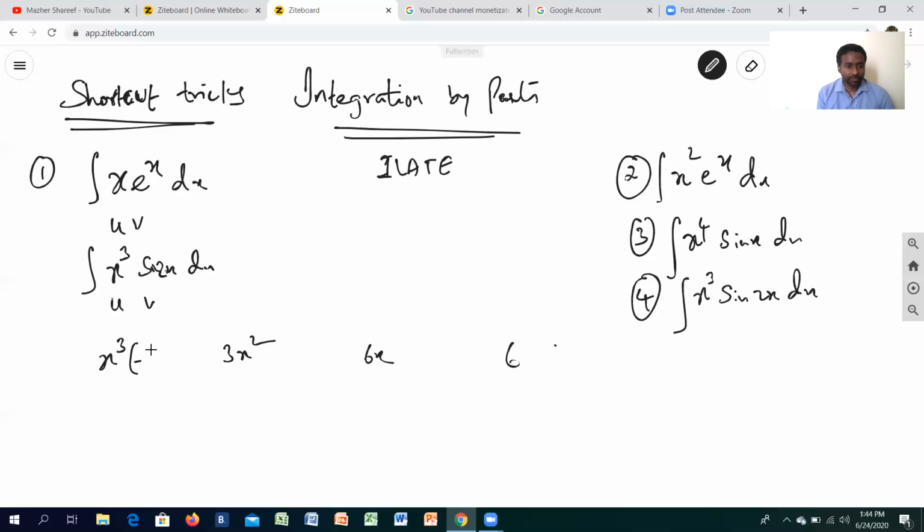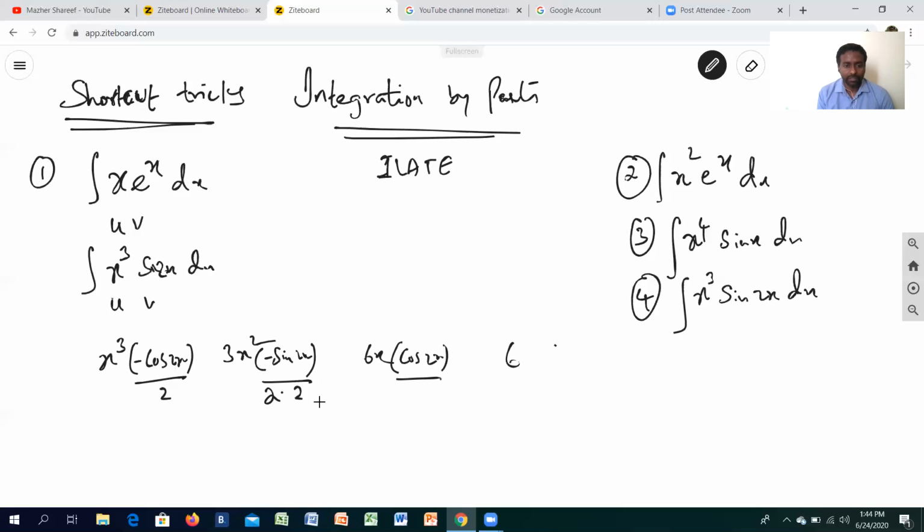Take the next function, sine, and integrate. Sine gives minus cos, but as we are integrating and we know the coefficient of x attached to it, it will come in the denominator; 2 is anyway a constant. The integration of cos is sine 2x over 2. Since we already had 2, it will be 4. You can write it directly or work it out. Next, again, the integration of sine is negative cos, and negative makes it positive.